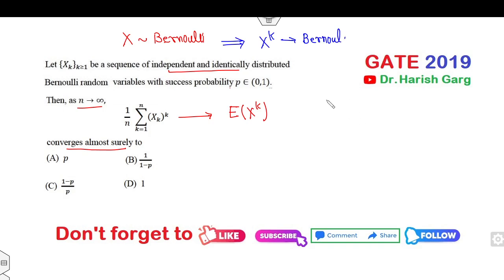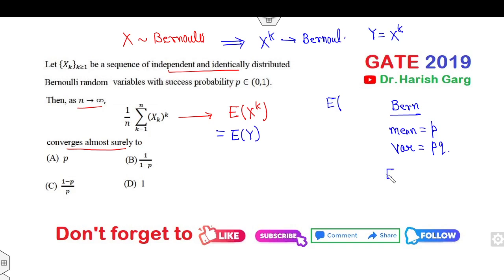So if I consider y as x raised to power k, your target is to find the mean of the y. We all know in case of the Bernoulli distribution, the mean is p, variance is p into q. So can you find the E of y? That is the mean, so the mean is my p. Answer A is the correct answer of this problem.